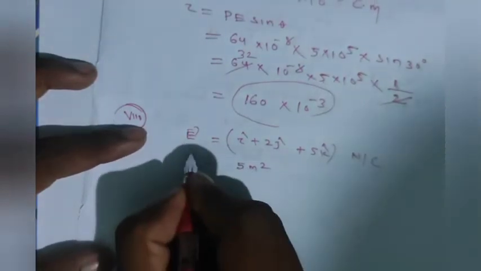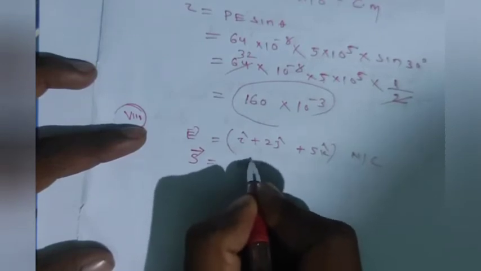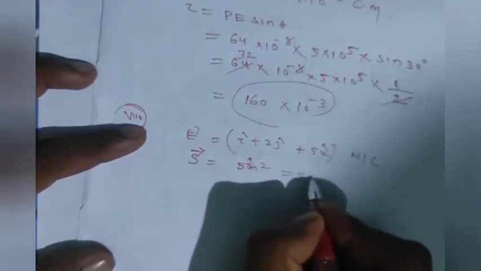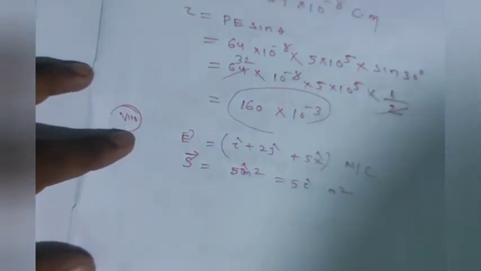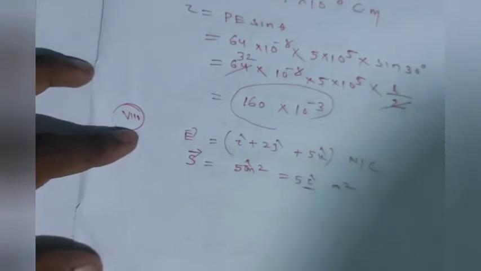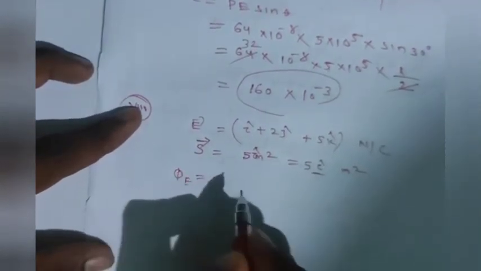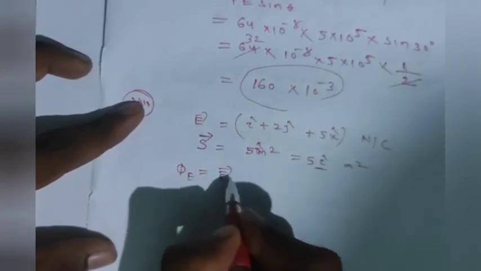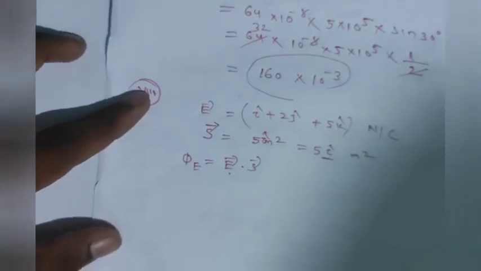That is, we can write area vector equal to 5 i cap meter square, because the surface is held parallel to the YZ plane, so its normal unit vector will be directed along the x-axis. That's why we have written i cap. So now we apply the formula for the electric flux, E vector dot S vector, where E is the electric field vector and S is the surface area vector.